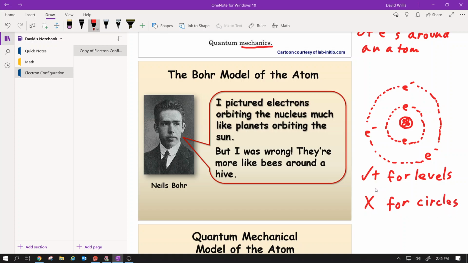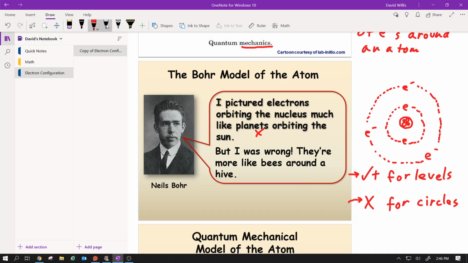He was the first one to really key in on the idea and explain that electrons orbited the atom in particular energy levels, which we now know to be true. But he thought that they happened in circles like planets, and that is not correct. Feel good about that?